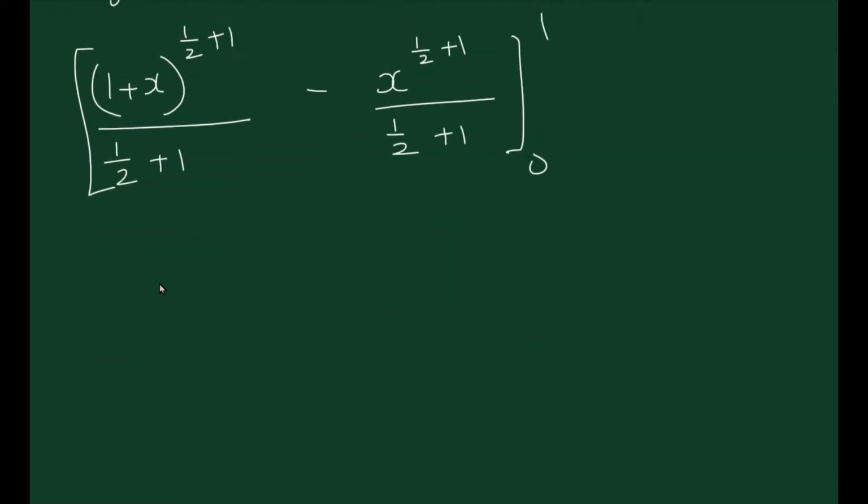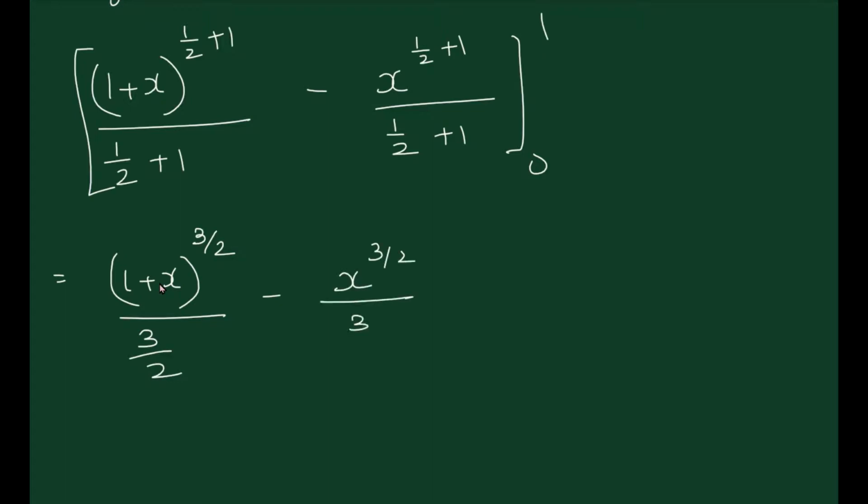Then our term becomes (1 plus x) raised to 3 by 2, since half plus 1 gives 3 by 2, upon 3 by 2, minus x raised to 3 by 2 upon again 3 by 2.